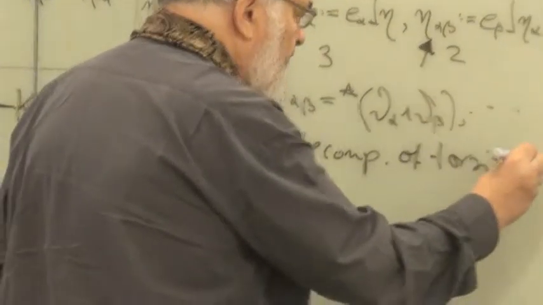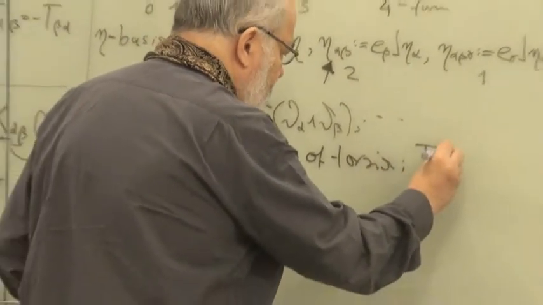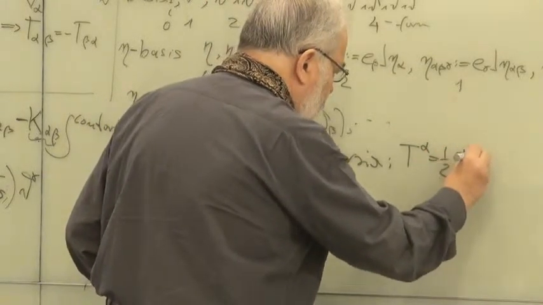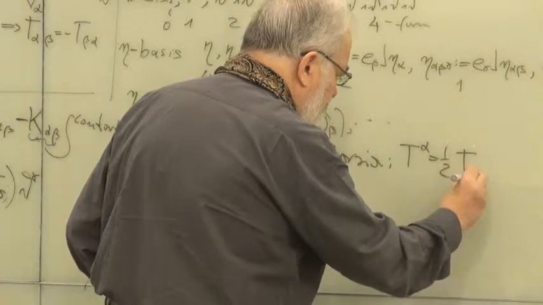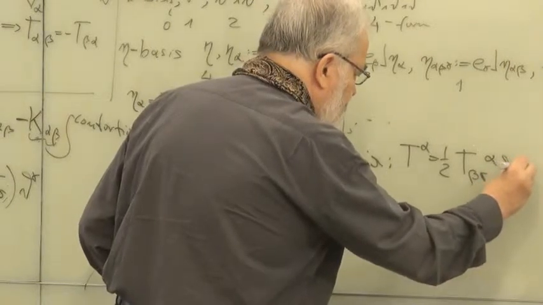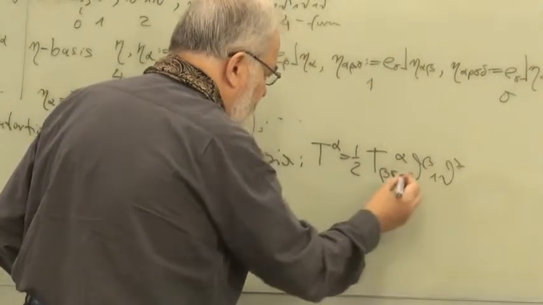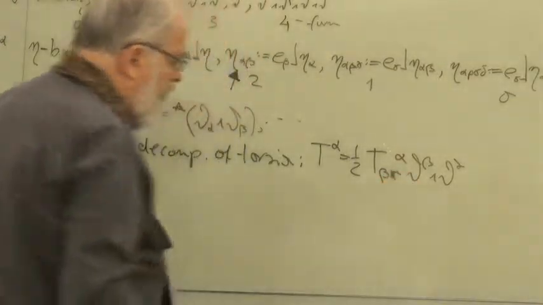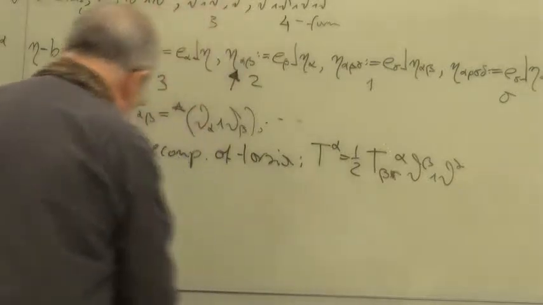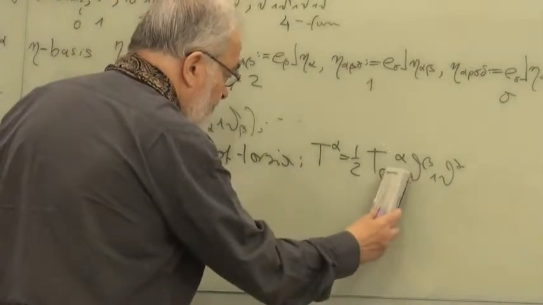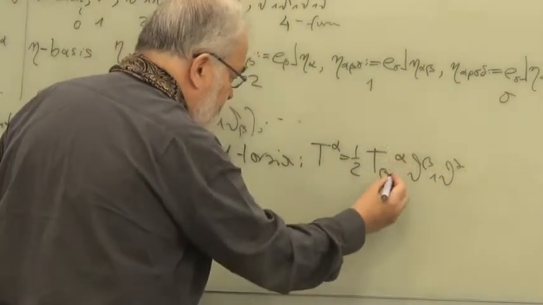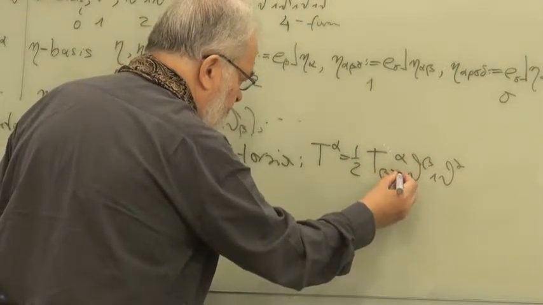Now the torsion is, as we know, a two-form. T^α = 1/2 T_{βγ}^α ϑ^β ∧ ϑ^γ, if I decompose it into its components. These are the torsion components. This is just a two-form developed in the theta basis. Okay?